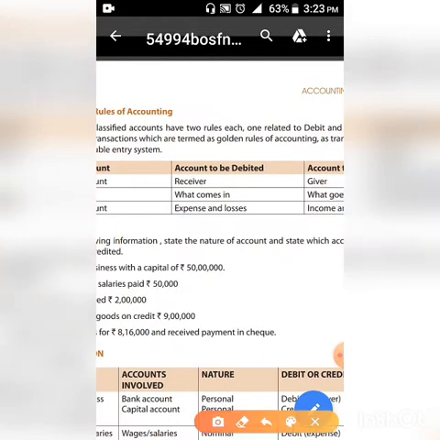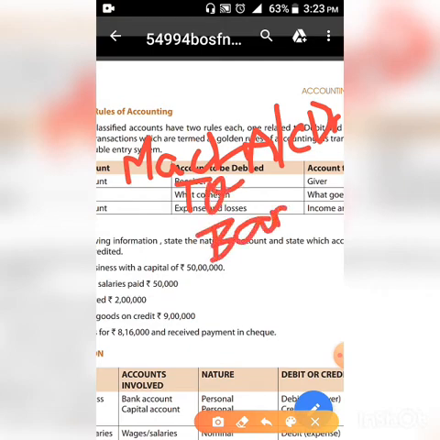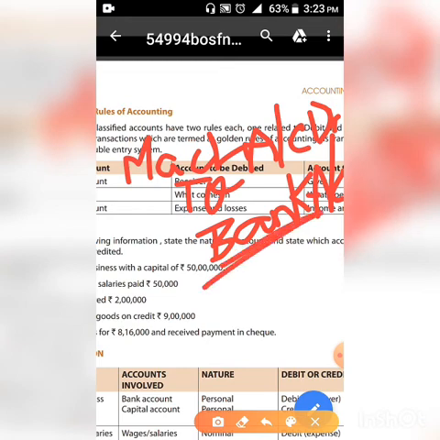When a person purchases machinery, then the entry will be machinery account debited to bank account. This is the entry since the machinery account is coming in, and our money is going out, so the bank account is credited.